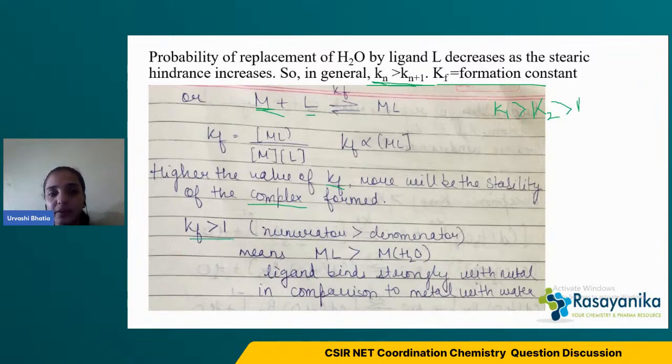So if Kf is greater than 1, numerator is greater than denominator, this will be greater than this, means ML is greater than MH2O. Ligand binds strongly with metal in comparison to the metal with water. Okay, the incoming ligand. In this case, it is bromide. You'll understand more in the next slide. You'll be wondering what is this.